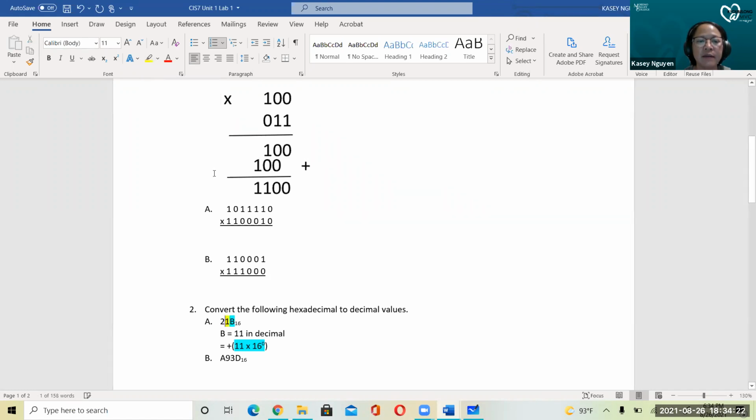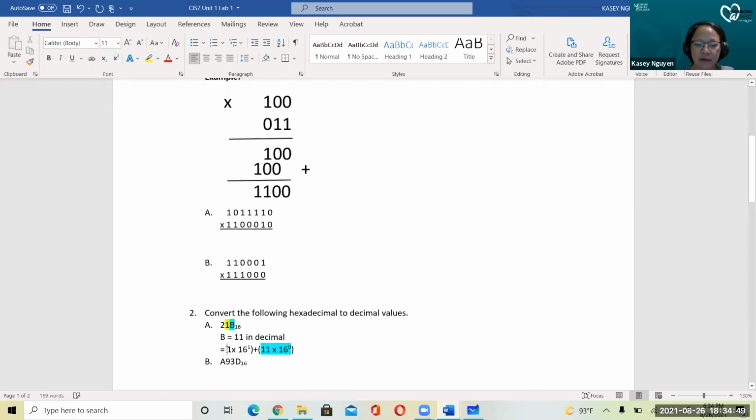We take that 1 because 1 in hexadecimal is equal to 1 in decimal. But because it's the second digit, it is more significant than the previous, so we're going to multiply it by 16 to the first power.